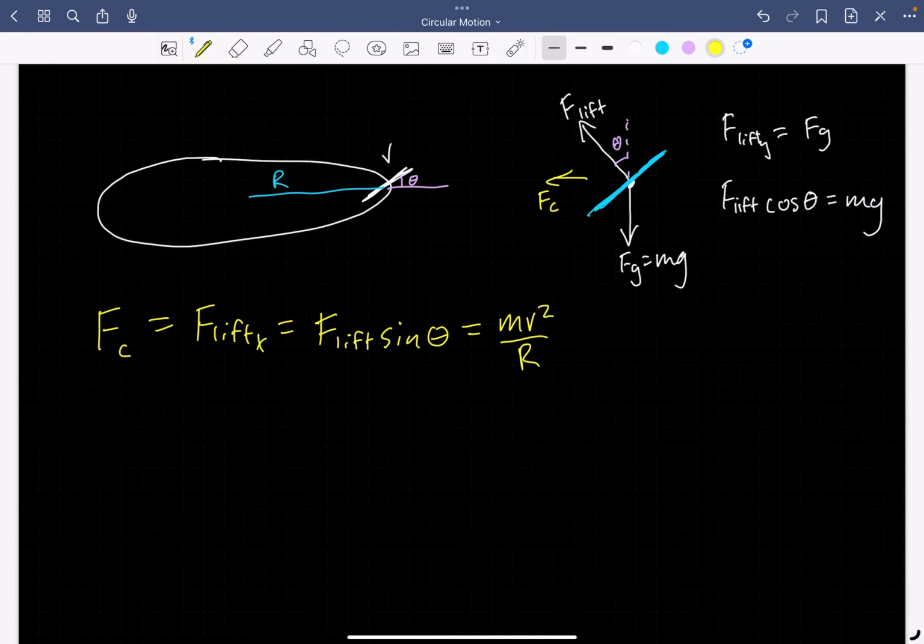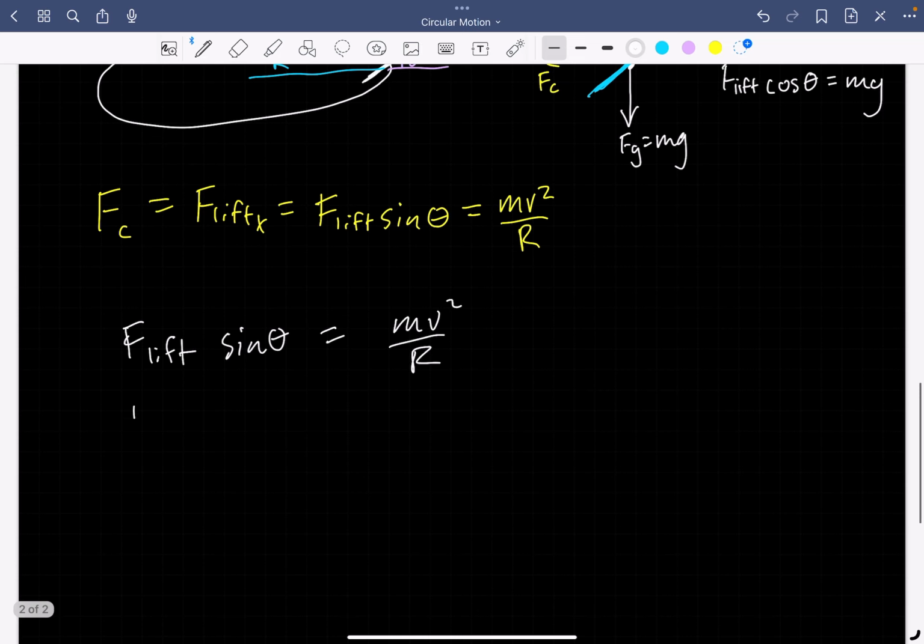And now what we can do is, if we line these up, we have F lift sine theta is equal to mv squared over r, and we have F lift cosine theta is equal to mg.